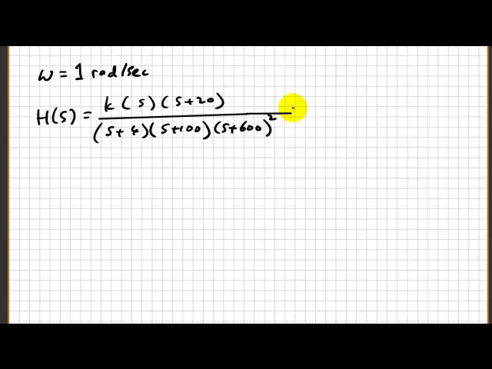Once you have this, substitute the value of 1 radian per second into that equation, and you will get the magnitude of H(s) equal to minus 20 decibels.